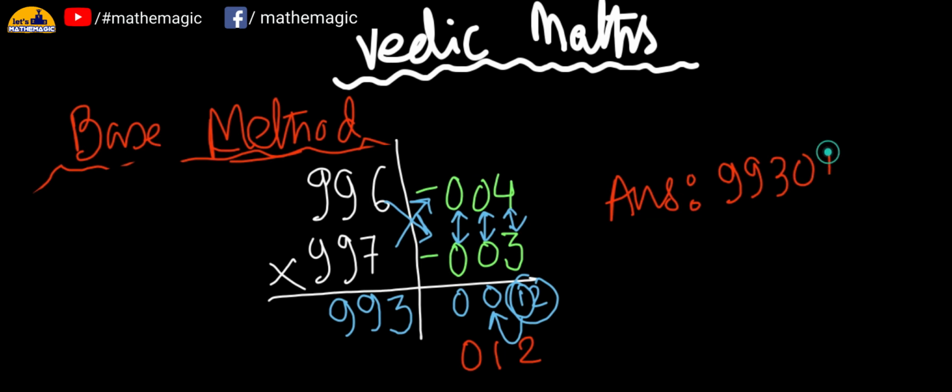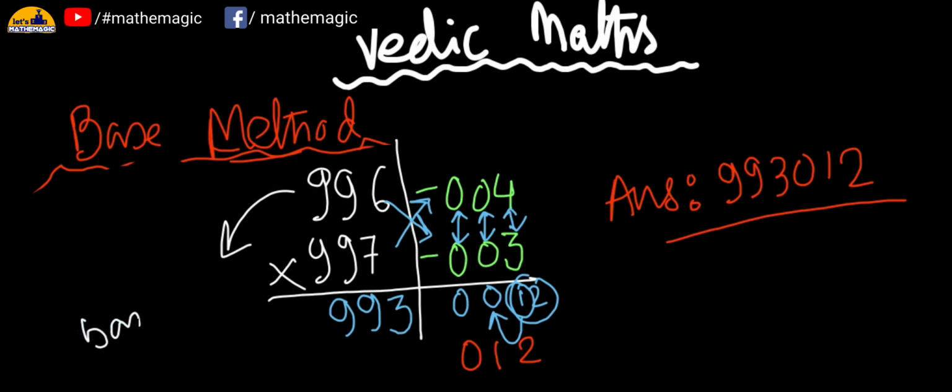So once again I am explaining the whole process. When I am multiplying 996 by 997, the very close base number is 1000. So we need to calculate by how much each is lesser than 1000.